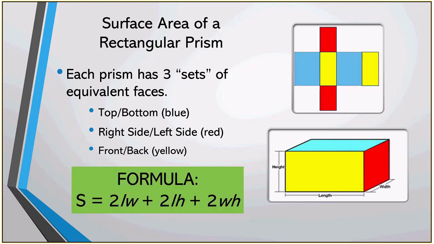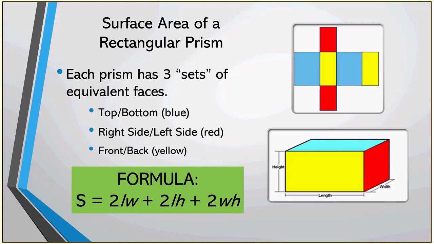And what you do basically, and you saw this a little bit yesterday in our calculations, is take 2 times the length times width, because there are 2 blue, then you do 2 times the length times height, those would be both of the yellow, then you do 2 times the width times the height, those would be the reds, and you would get the surface area for a rectangular prism.